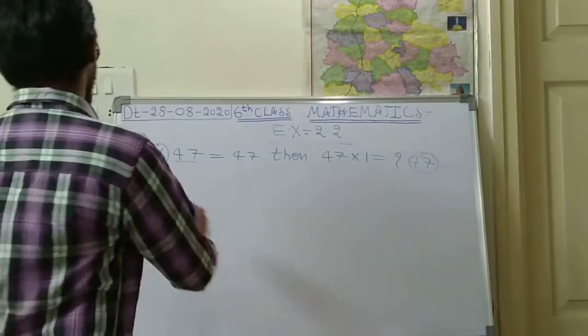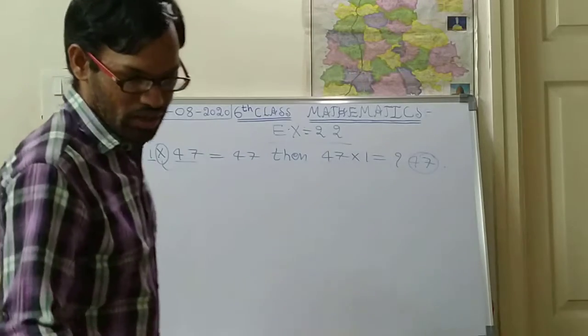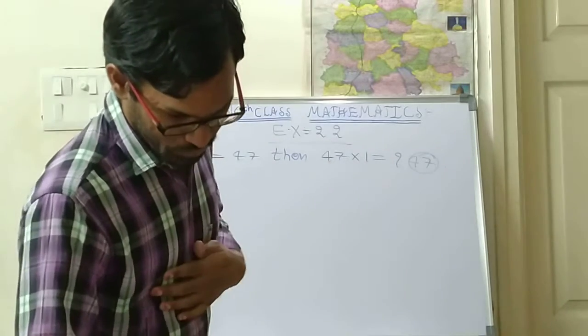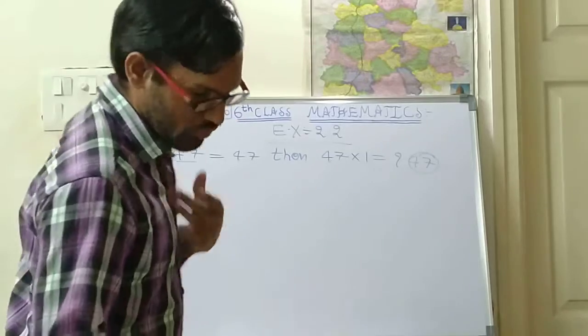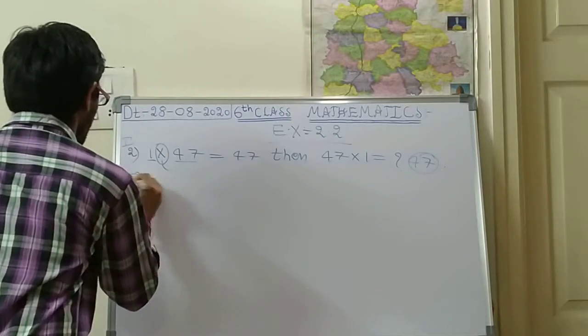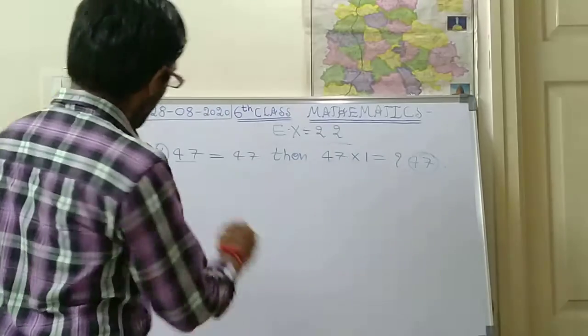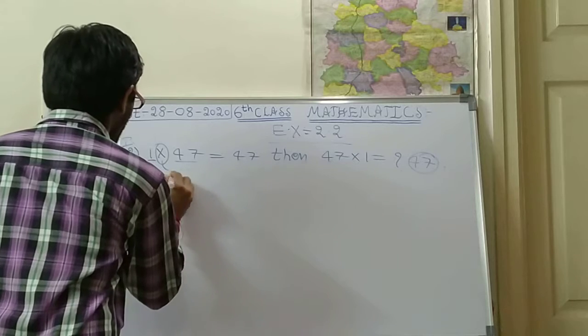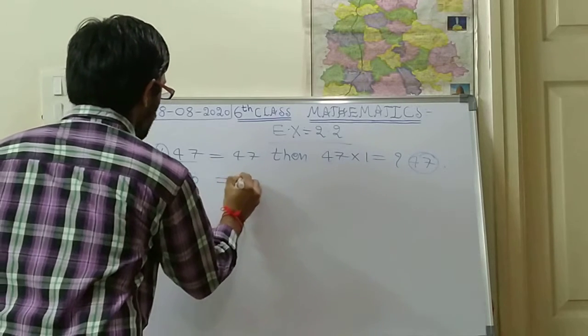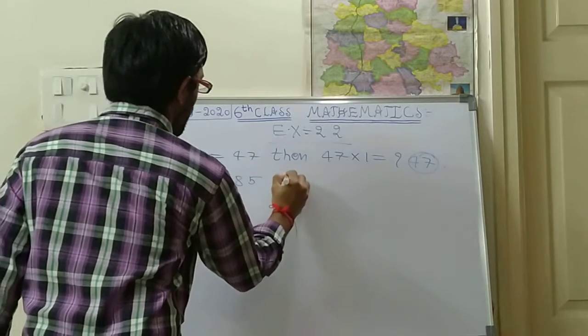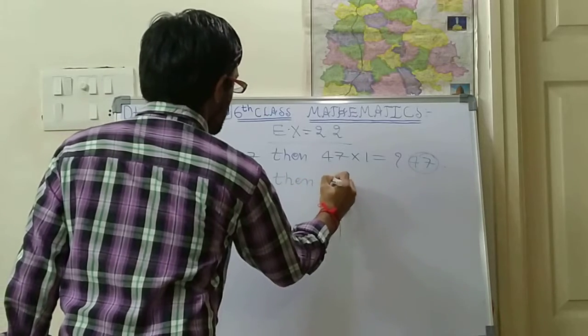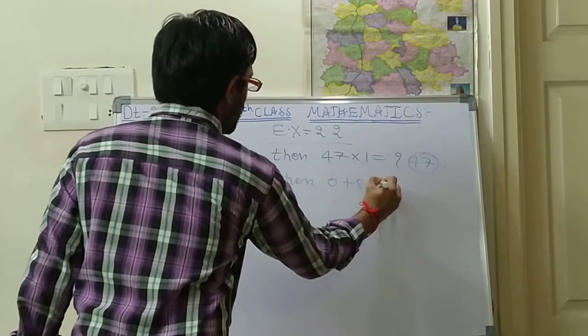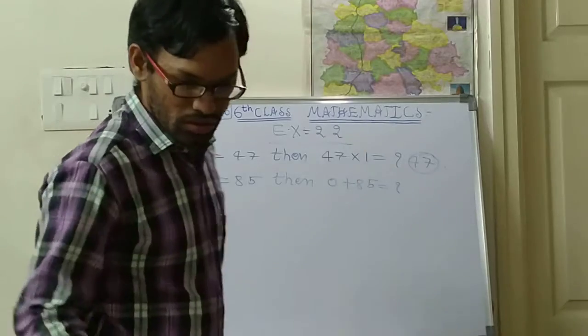Okay. So next step. What is the next problem? In this fifth one, 85 plus 0 is equal to 85. Then 0 plus 85 is equal to how much?